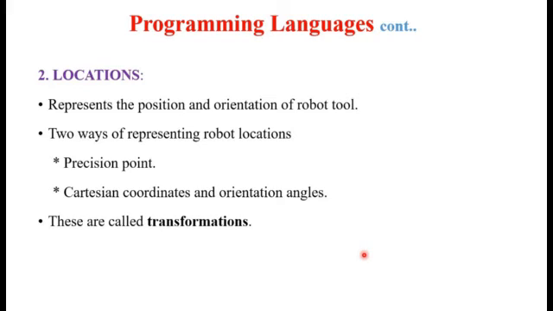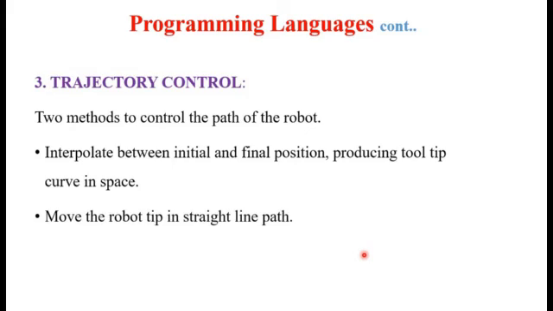And in the case of Cartesian coordinates and orientation angles, we can define a position with respect to some distance and with respect to some angles as well. These locations and points are also called transformations in the programming languages.